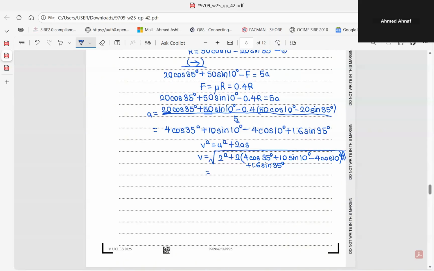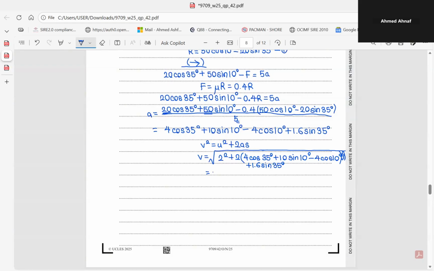Okay, so I guess I'll just write the 3 in here. So 4 cos 35 plus 10 sine 10 minus 4 cosine 10 plus 1.6 sine 35. So this is the acceleration. So 2 squared plus 2 times the acceleration times 3, square rooted.